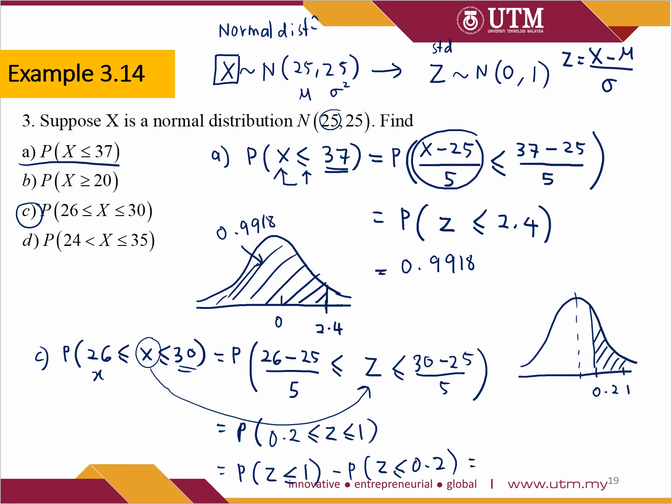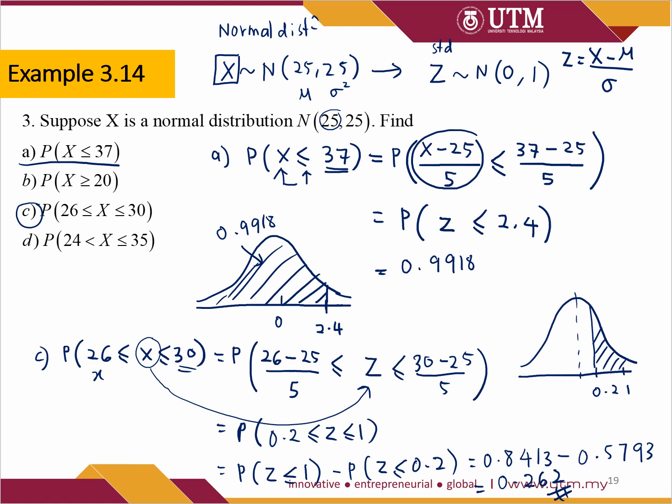For z less than 1, you will get 0.8413 minus 0.2, which is 0.5793, which is 0.262.